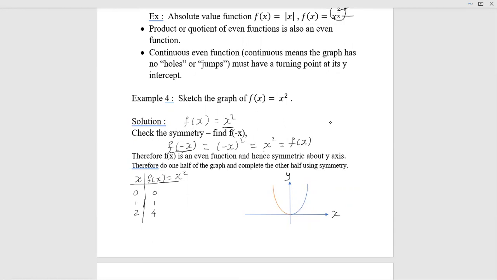So for x, we substitute negative x, squared, which again equals x squared, the same as the right side of the equation. Therefore, it is equal to f(x). That means when we find f of negative x, we get the same f(x), right? That means the function is even. Therefore, it is symmetric about the y-axis.